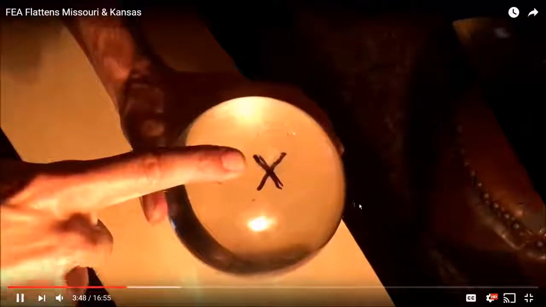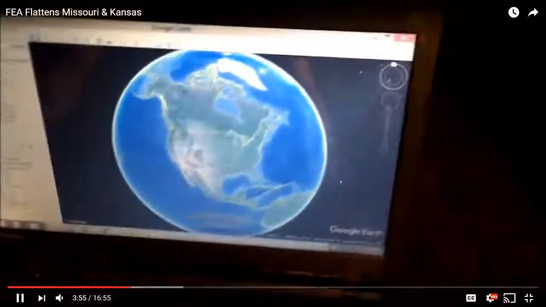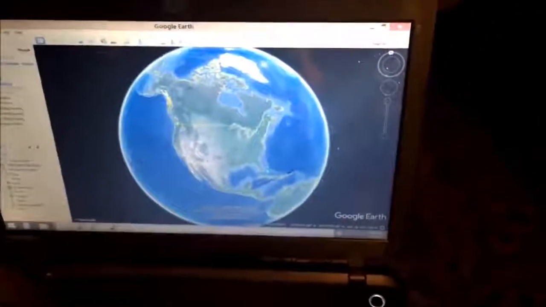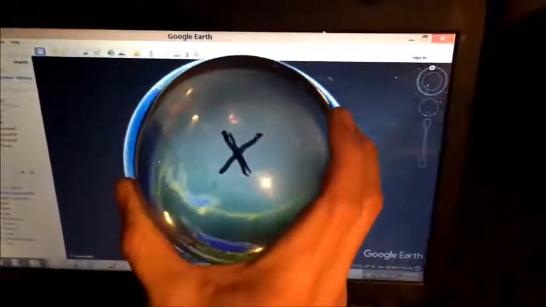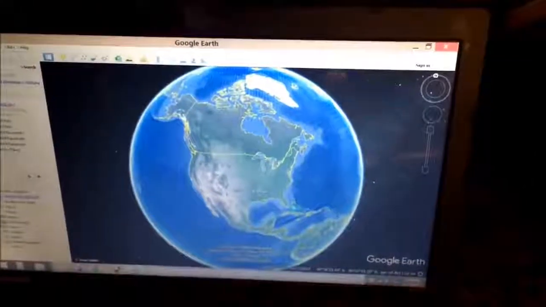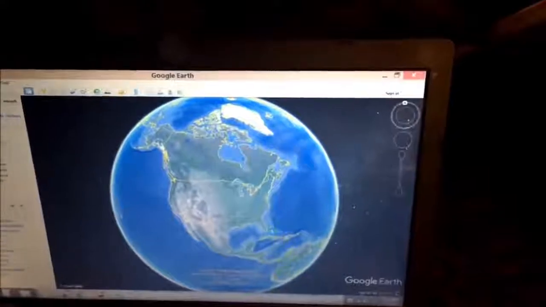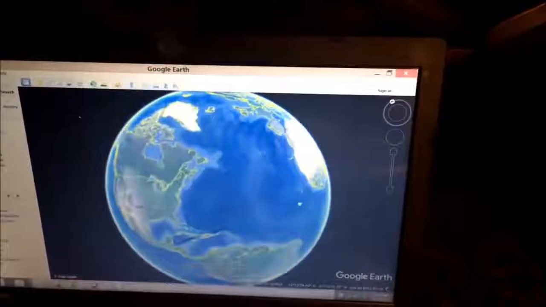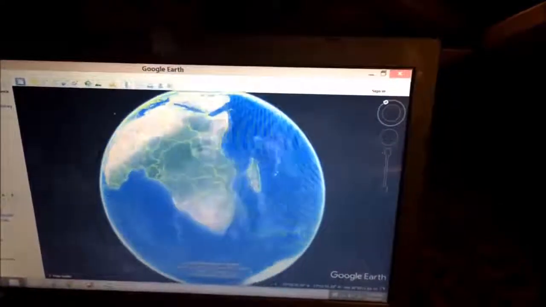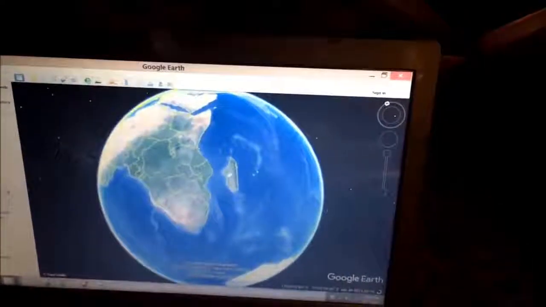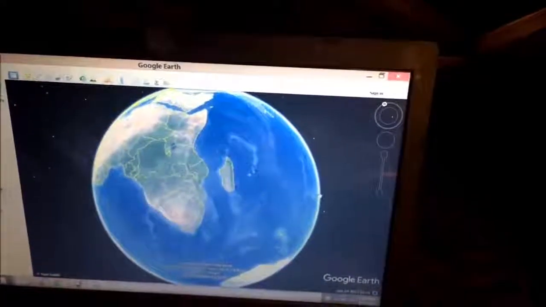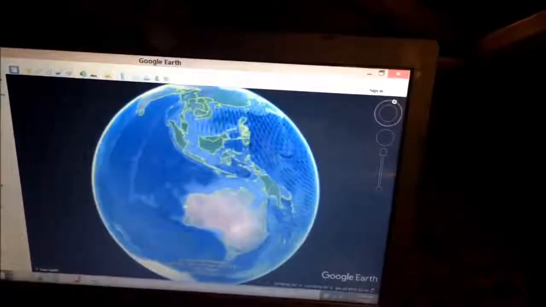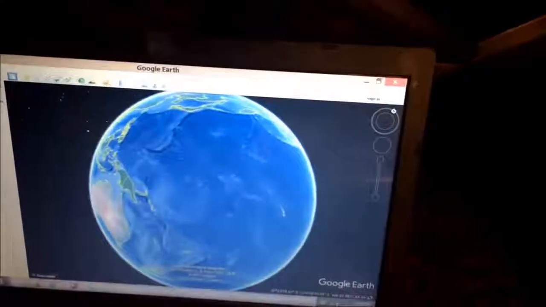Right? So now let's compare and contrast if the same thing happens with Google Earth. Now there's the United States. Let's just consider the United States to be the same thing as that X right there. So there's the United States, and if I was to start on the side over here, all the way on the side, and drag it once, all the way, so there's once, right? Now I'm going to drag it a second time, two, and you'll notice something.